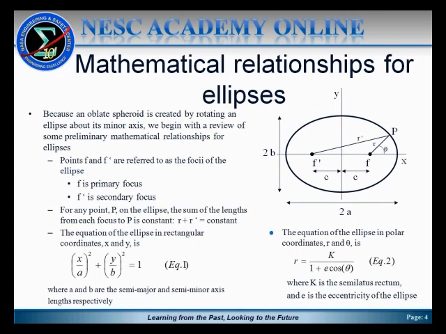That's equation 2 shown at the bottom. That constant k is referred to as the semilatus rectum, and e in the equation is the eccentricity of the ellipse, which we'll discuss in the next slide.